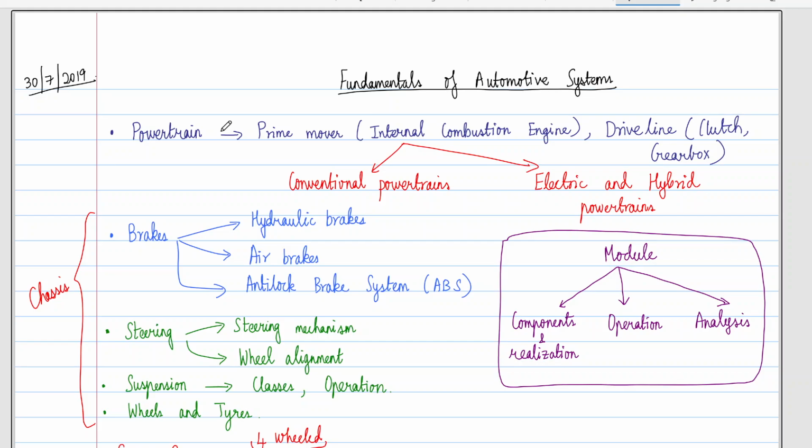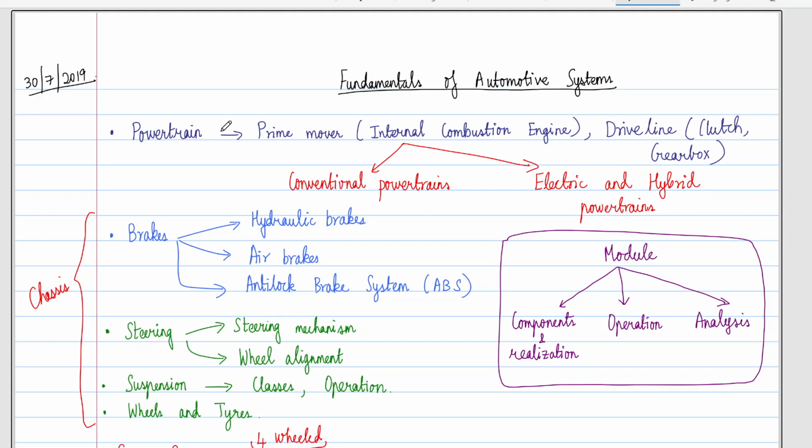In hybrid powertrains, we will be discussing different degrees of hybrid powertrains, from a mild hybrid to a strong hybrid, and how much of the percentage of power is coming from which portion. And there are powertrains like the fuel cell based powertrain, which takes hydrogen or something like that for fuel and directly converts it into electrical energy without the process of combustion, in contrast with our internal combustion engine.